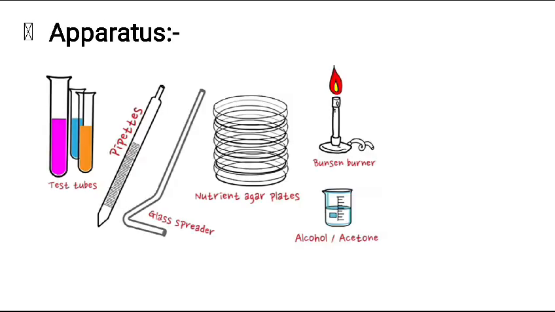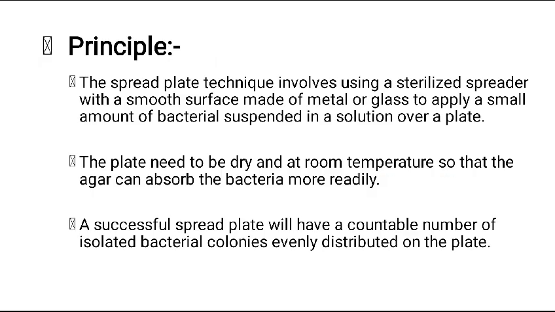Apparatus: test tube, pipette, glass spreader, nutrient agar plates, Bunsen burner, and alcohol or acetone. Principle: the spread plate technique involves using a sterilized spreader with a smooth surface made of metal or glass to apply a small amount of bacteria suspended in a solution over a plate.